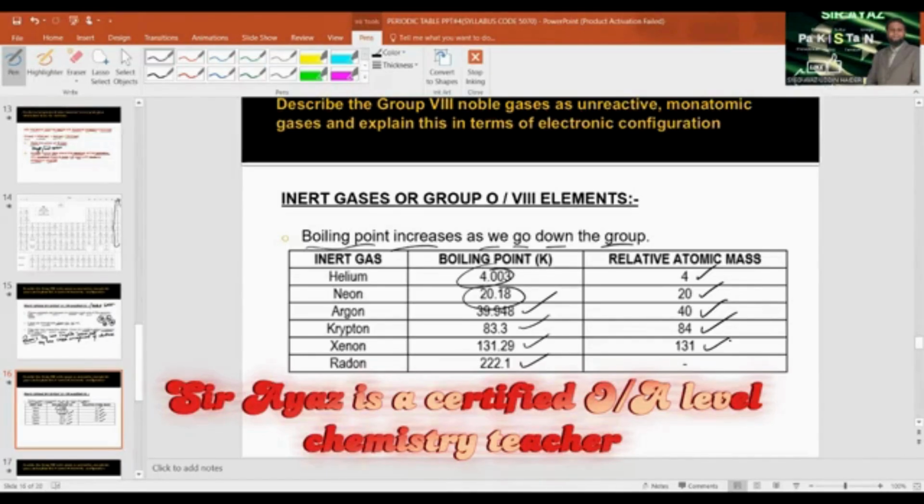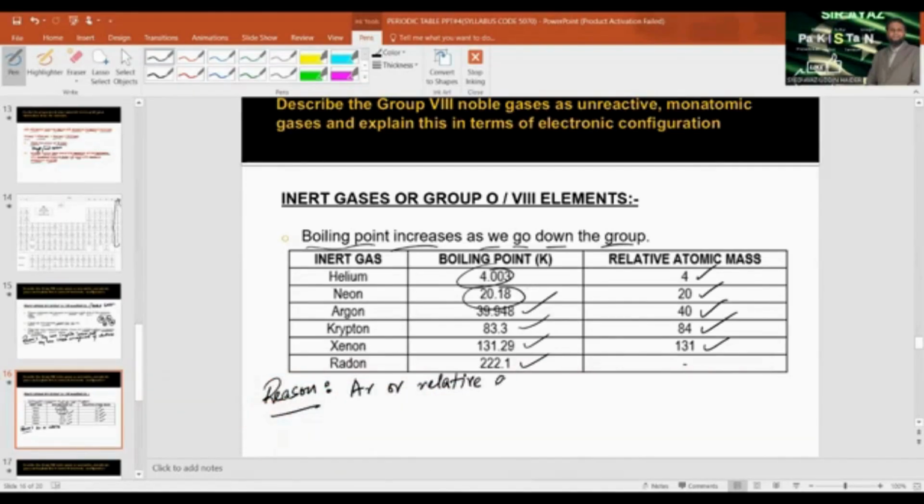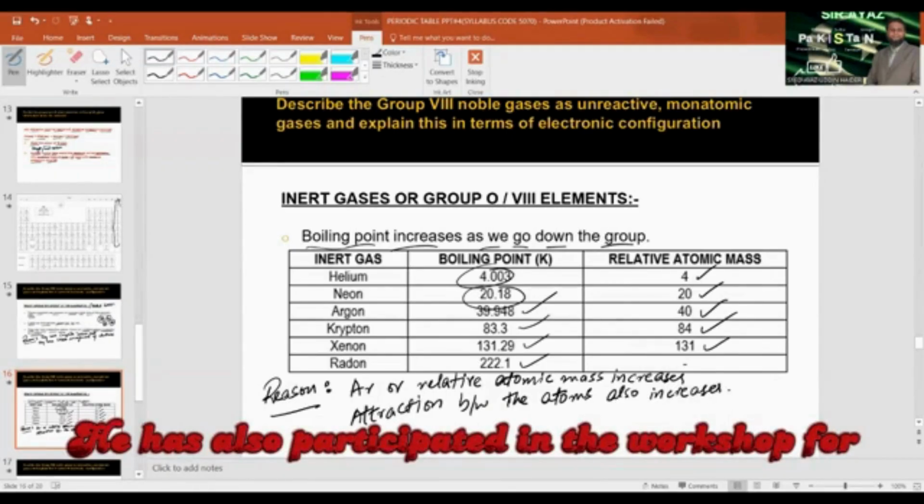Relative atomic mass increases, which means that attraction between the atoms also increases, which means that they need a high amount of energy to break it down.